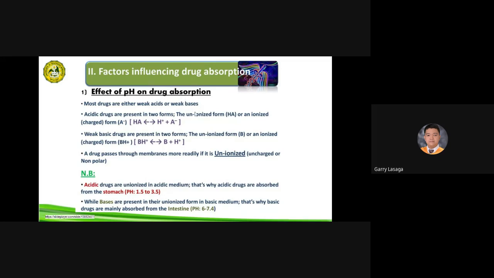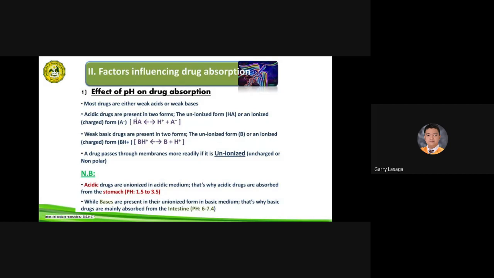So they are able to accept this particular proton. So the other term for a weak acid is that it is a proton donor, it gives off a proton, and a base is a proton acceptor. So it is said that most drugs are either weak acids or weak bases.